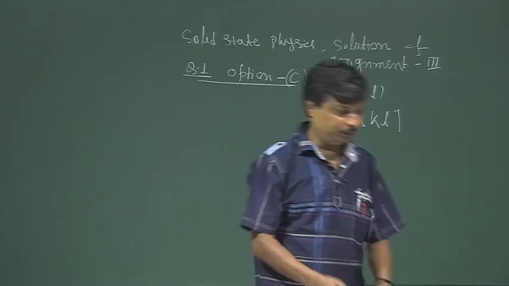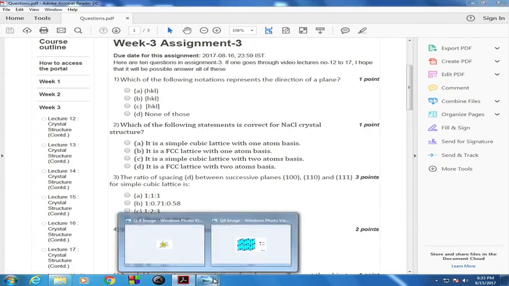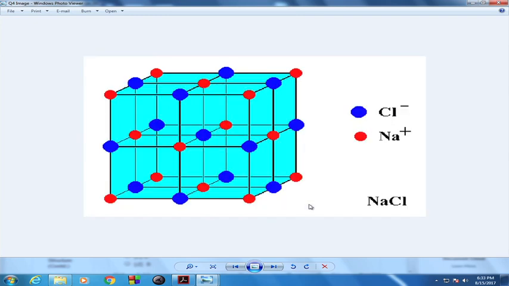You may see one image here, for the NaCl. It is very clear that the red ones are sodium atoms and the green or blue ones, sorry, are chlorine ions. All are ions here.